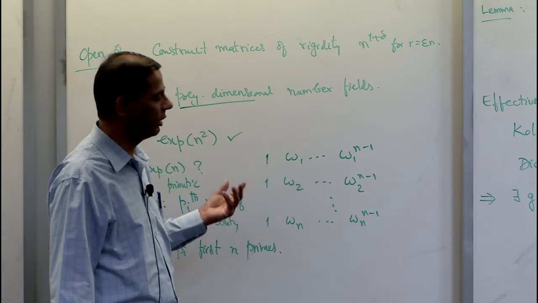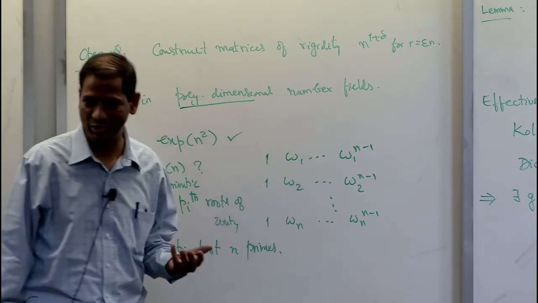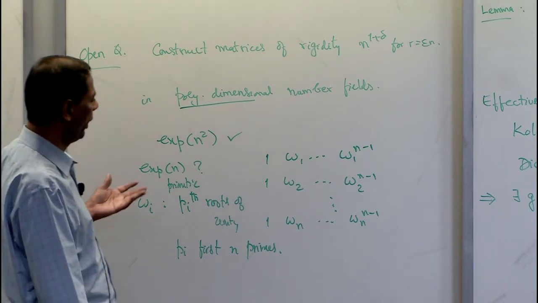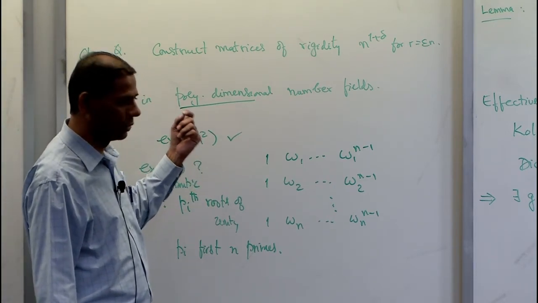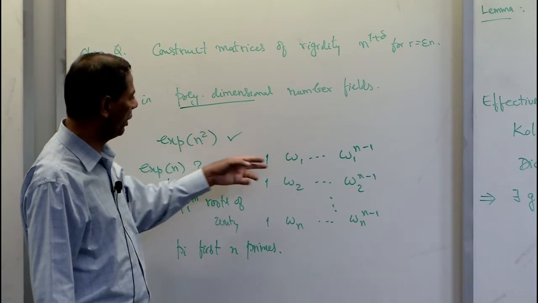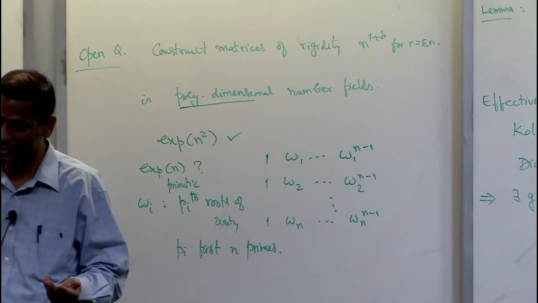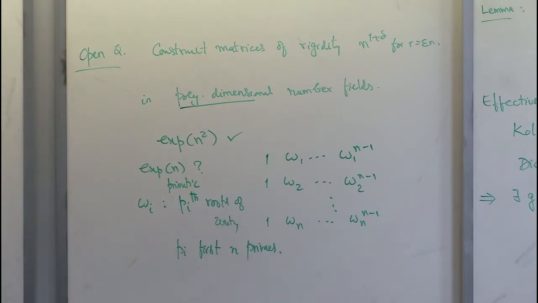The Fourier transform matrix is one of the most interesting matrices for which you should try to prove a rigidity lower bound, because that would imply that the Fourier transform cannot be computed in linear time. There you have just one primitive root of unity, and the other omegas are just powers of it. So a van der Waals matrix, but generated by powers of the same primitive root of unity.